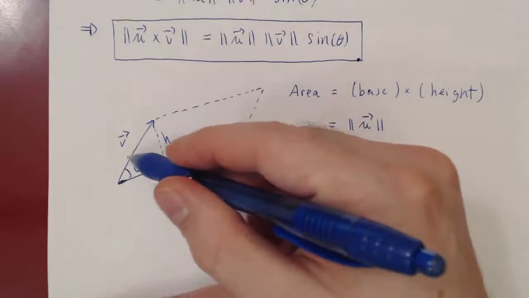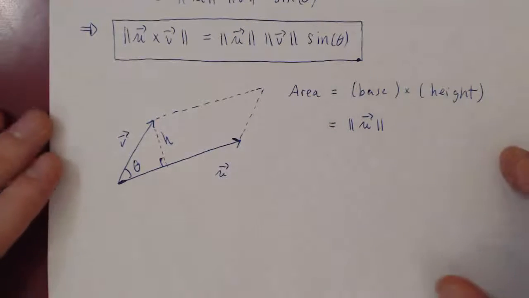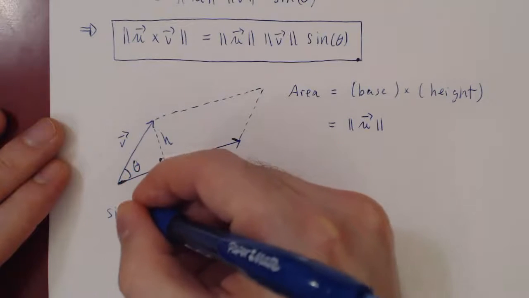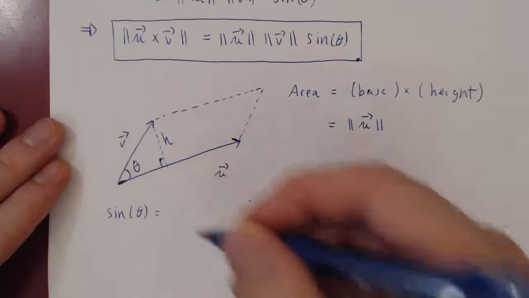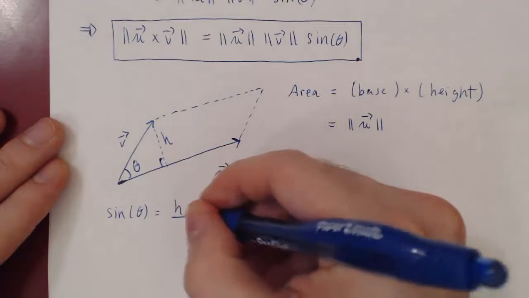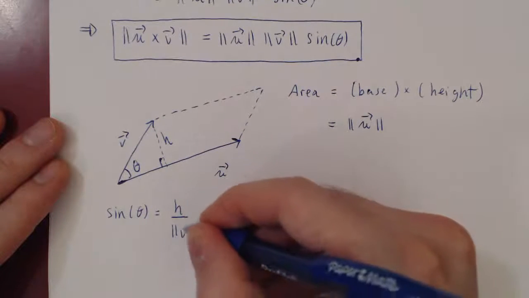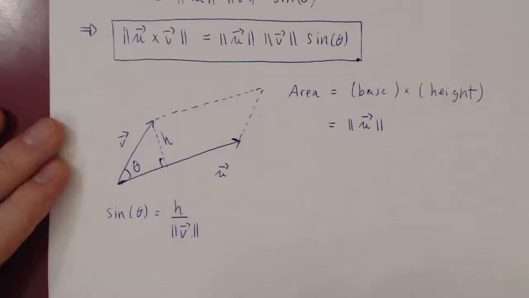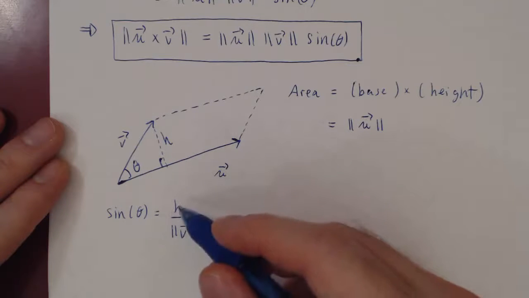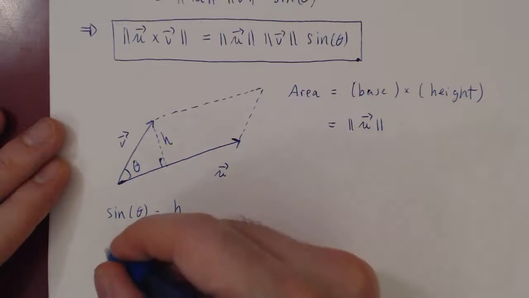We have the angle between the two segments, and we have vector v, so we can use the sine function. Sine of theta, SOHCAHTOA: the sine is the opposite of the angle over the hypotenuse, which is the norm of vector v. So if sine theta is h over norm of v, we can isolate h, and h is norm of v sine of theta.